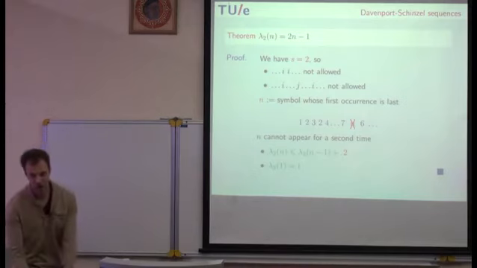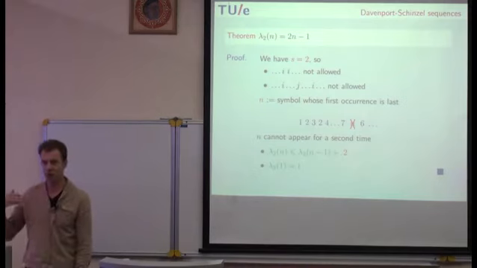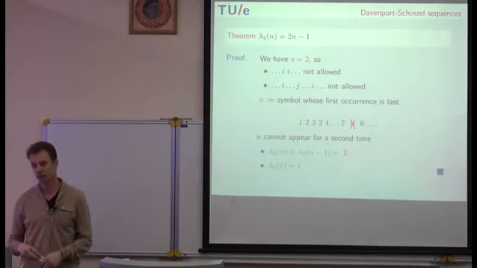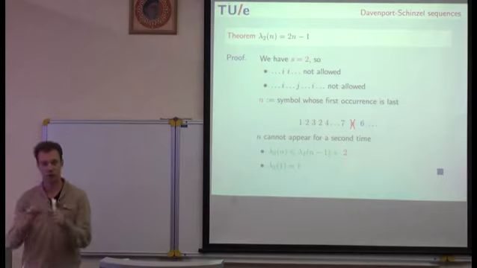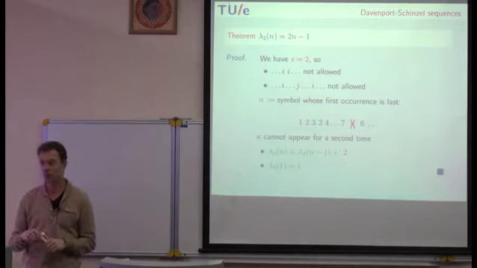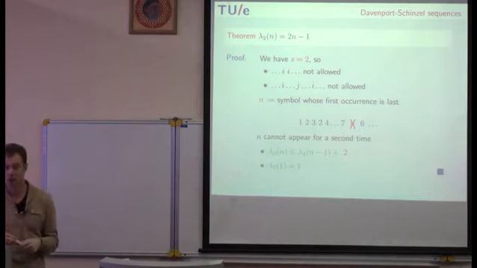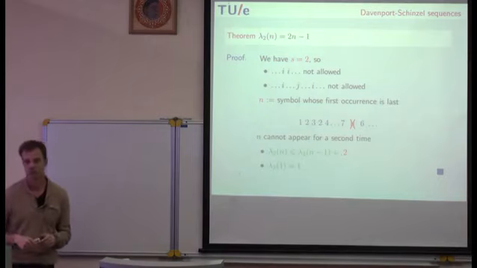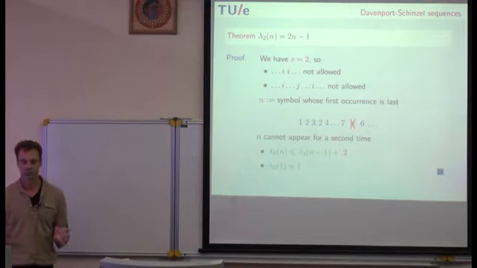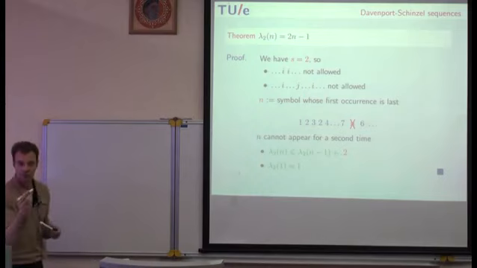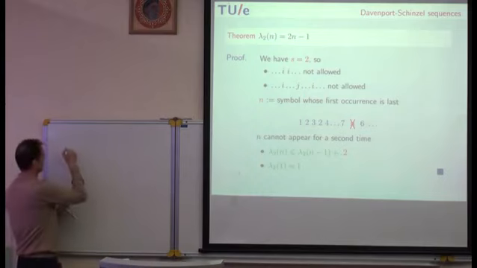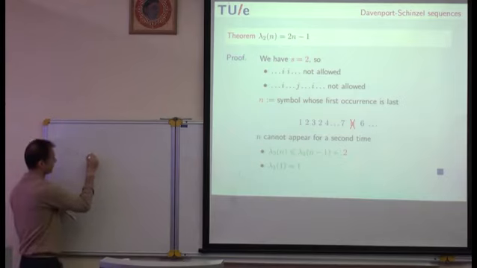Does anybody have an idea whether you can actually get 2n minus 1? Can you make a sequence which is that long, or perhaps it's smaller? Yes, it's possible. How? 1, 2, 3, 4, 5.